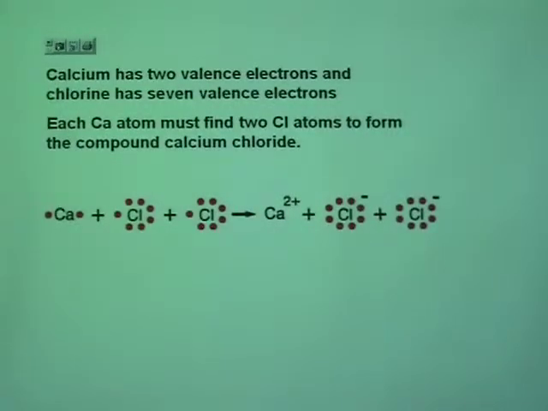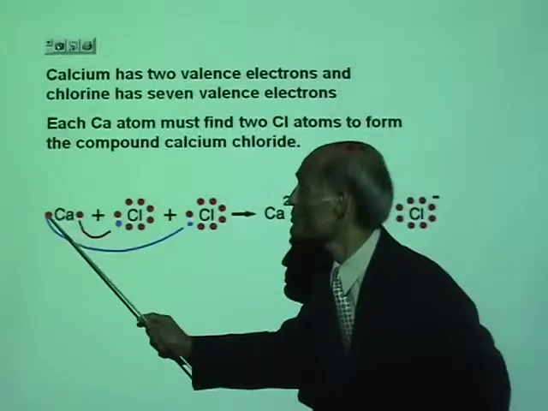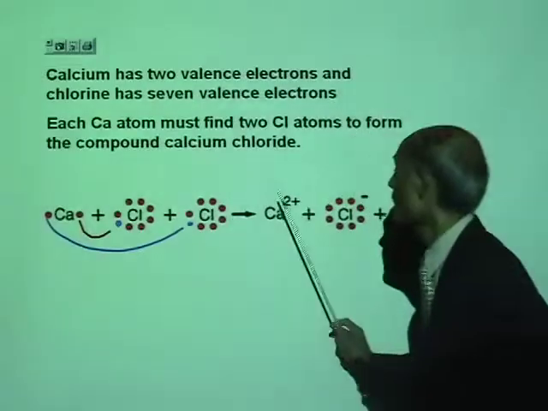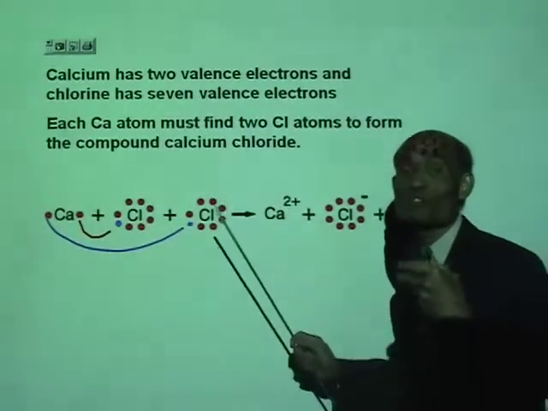Calcium is going to donate that electron to the first chlorine, and the second electron to the second chlorine. Now, when it does that, calcium has lost 2 electrons. It becomes calcium 2 plus. It has lost 2 electrons.